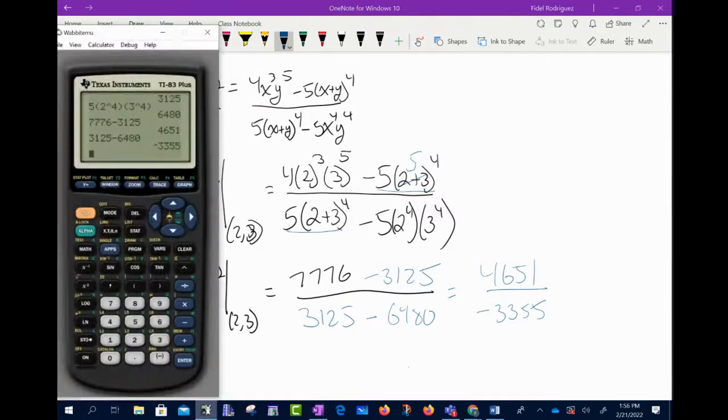Okay, and guys, when I'm ending up with numbers like this, I'm probably going to again do a decimal approximation. So 4651 divided by negative 3355. I don't think I can reduce that fraction, and even if I could, I don't think I'd want to.